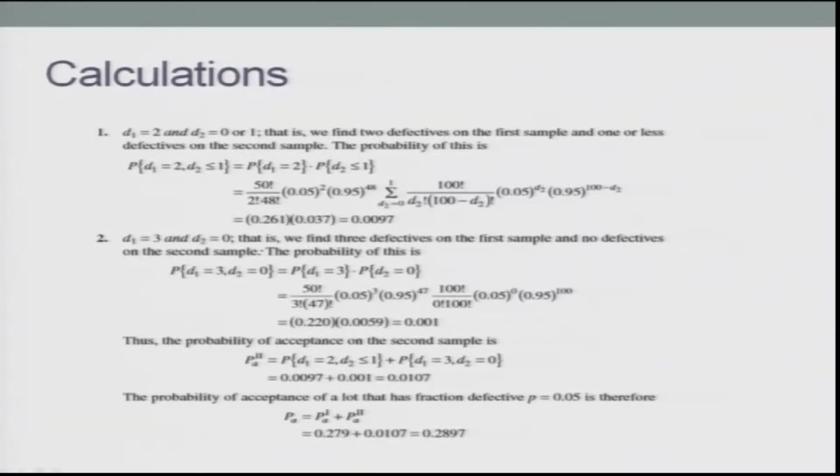So, D1 is given by 2 and D2 can be either 0 or 1. If D1 is 2, obviously in the total combination C2 is already fixed, which means D2, the number of defects in the next sample, would be 0 or 1, because then the sum of D1 and D2 is less than or equal to 3.